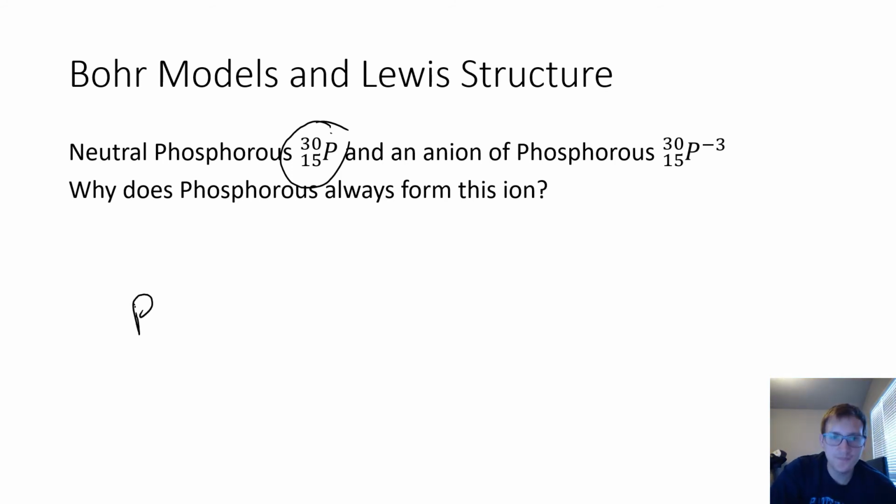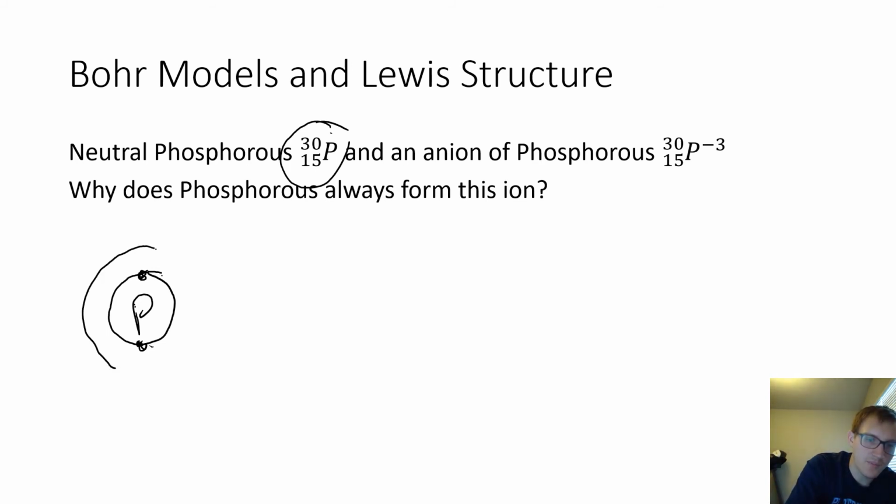If you imagine for our Bohr model, the first level can only have 2 electrons. That's the duet rule again. Next level, octet rule, I can have 8. So 1, 2, 3, 4, 5, 6, 7, 8.